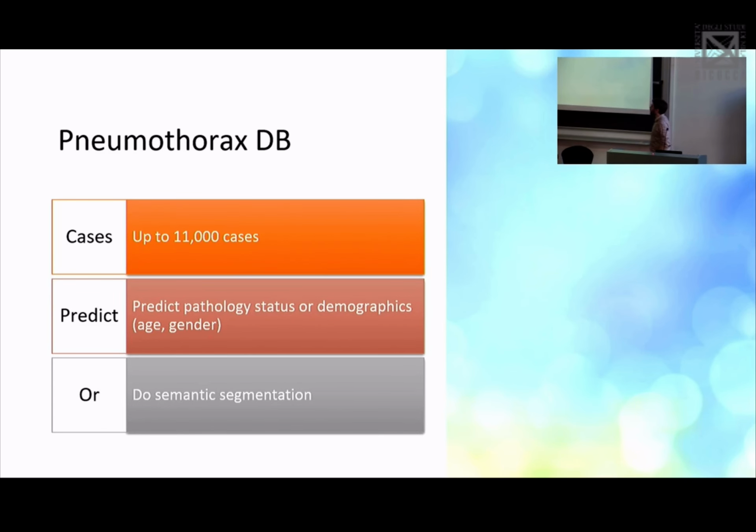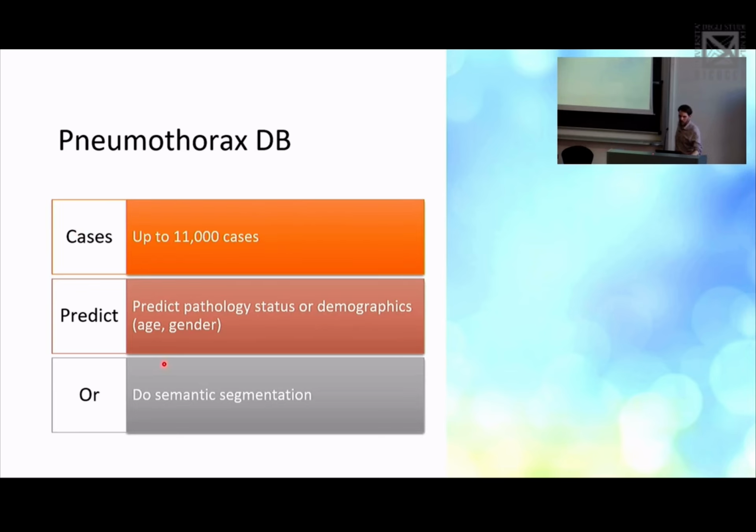Then I have the pneumothorax database, which we've also talked about. There are 11,000 cases, and I guess, though I didn't recheck, that the prevalence of subjects with pneumothorax is about 10%. And of course, the volume occupied by the lesion is a minority, and it's not super easy to spot at the beginning.